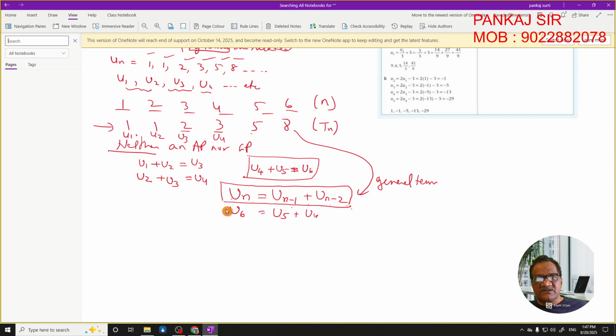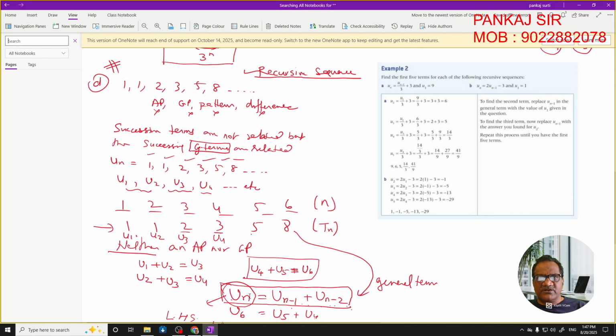A recursive sequence has a general term of this form, where un minus 1 and un minus 2 are involved in the formula. This is the left hand side of the general term formula. So you must have understood now what a recursive sequence means.